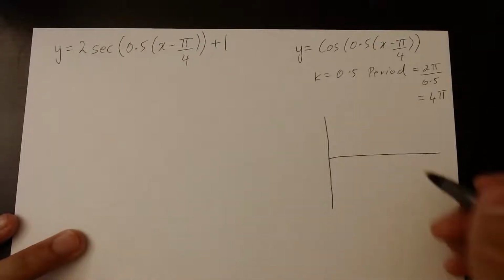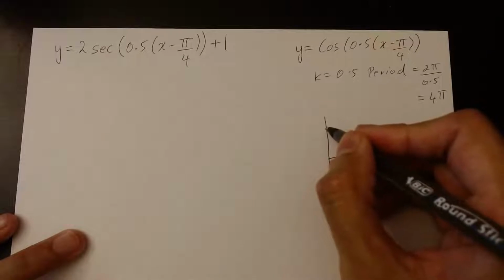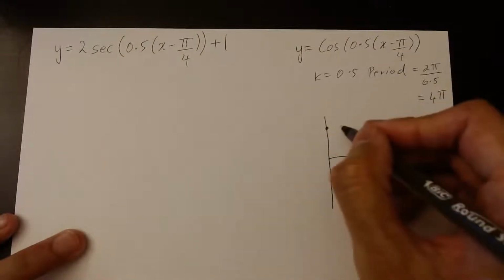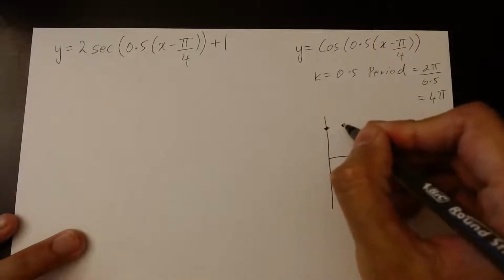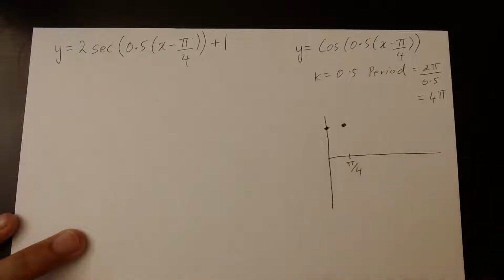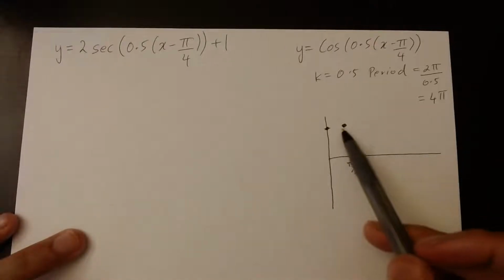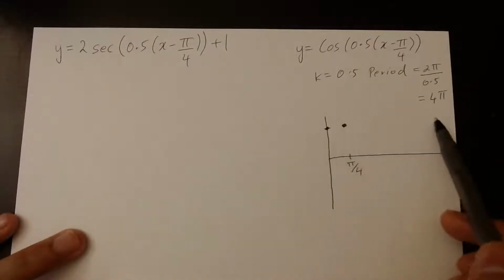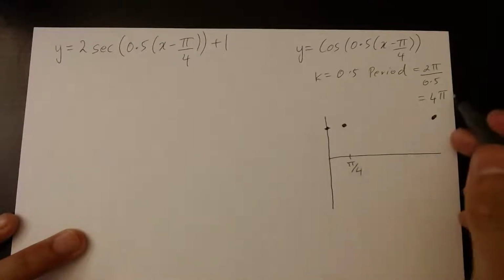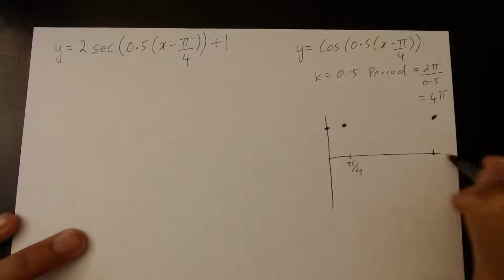A cos function usually starts at the top, but this one is phase shifted by pi over 4 to the right. So my initial maximum is going to be here at pi over 4. And then I'm going to add a full period to give me my ending point. So pi over 4 plus 4 pi is just 17 pi over 4.